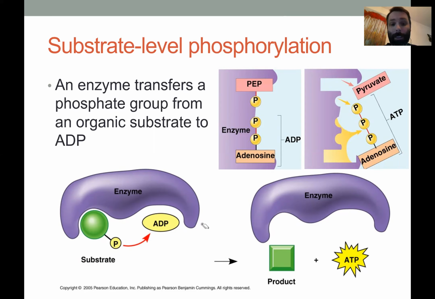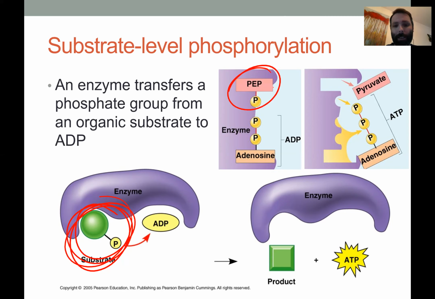This is the most direct and easy way to make ATP, but it has a big flaw, which is that you need some sort of molecule that has a phosphate that's easily transferable, and that doesn't usually happen. In fact, in this particular diagram, this molecule is something that you had to spend energy to actually make.